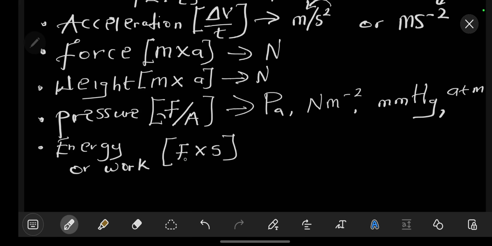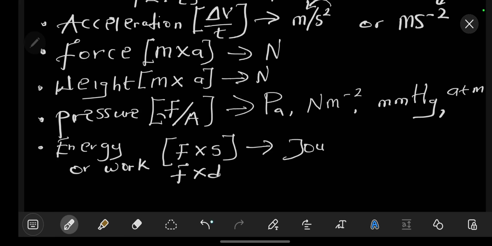So you can write it like this, F times S, because S can be used to represent distance, or you can say F times D. The choice is yours. But most commonly, force times distance, F times S, is the one that is used in most physics calculations. And the unit for energy or work is joules.